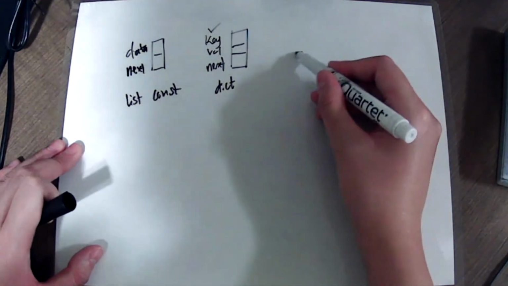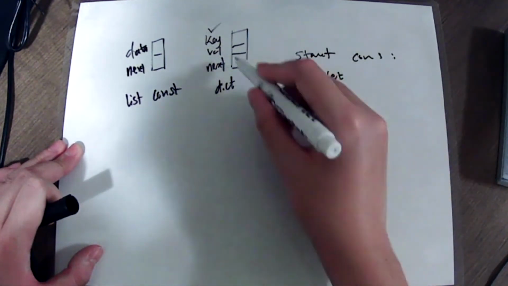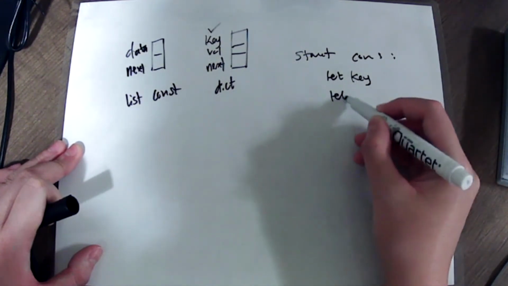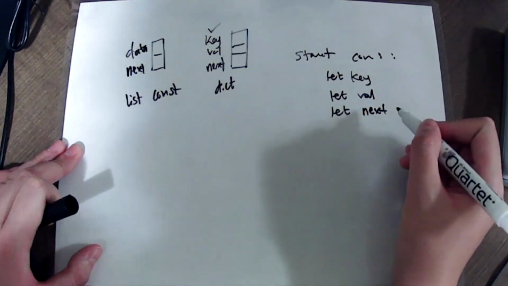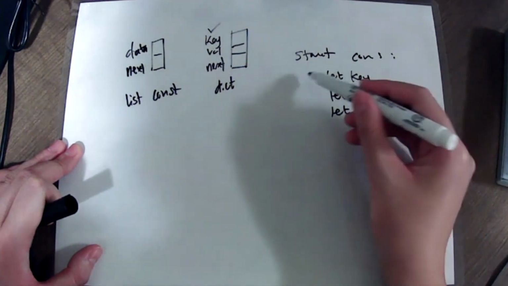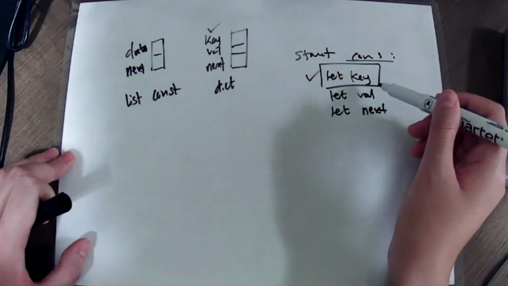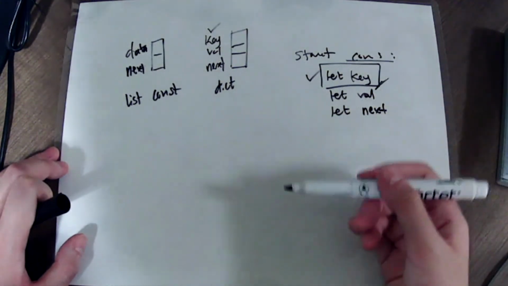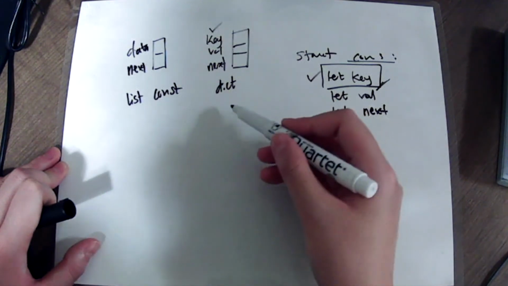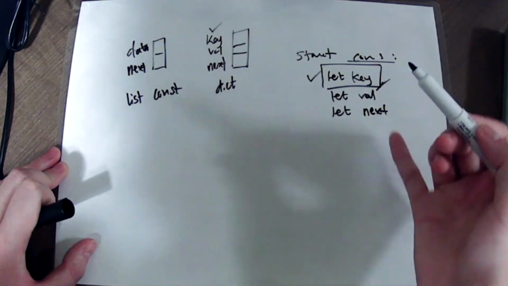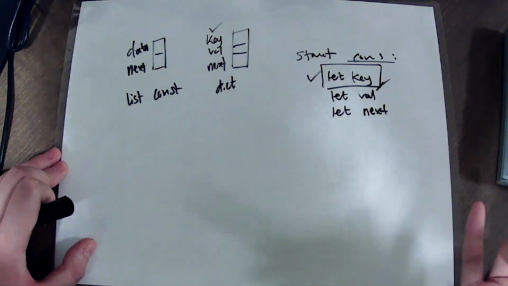So it can be like struct cons, let's say key, let val, let next. The difference is that we just add this new value to the node so that we can keep track of the key value. This is basically the conversion from a list to the dictionary. We need to redefine the node, the cons, so that we can perform dictionary operations.